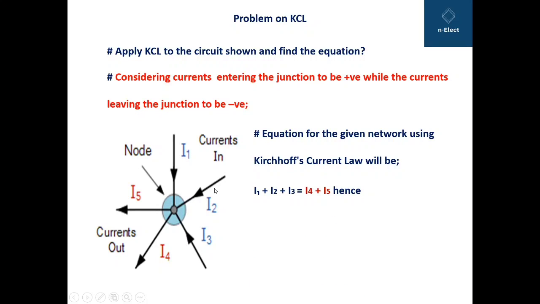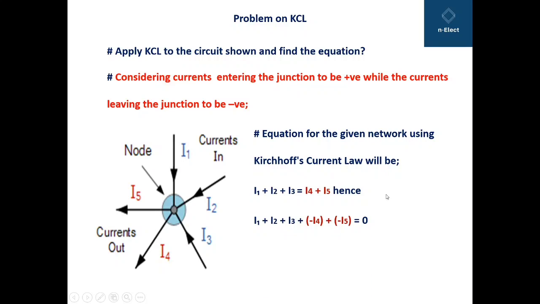I1 plus I2 plus I3. Since all the incoming currents we are taking as positive, I1 plus I2 plus I3 equals the outgoing currents I4 and I5, so it is equal to I4 plus I5.